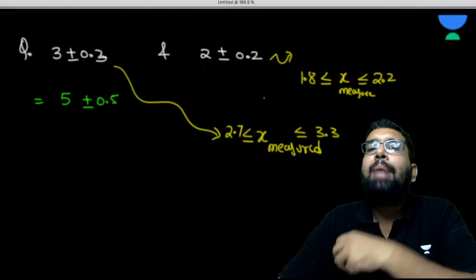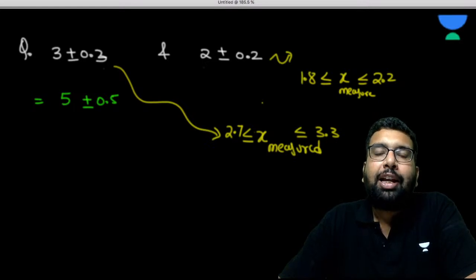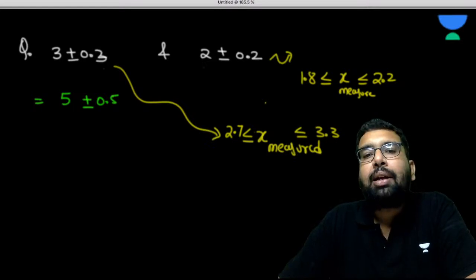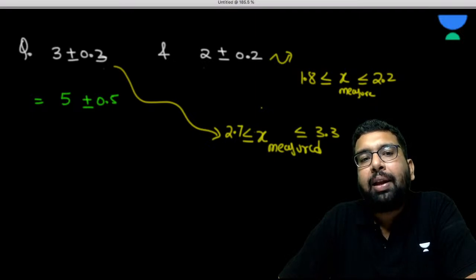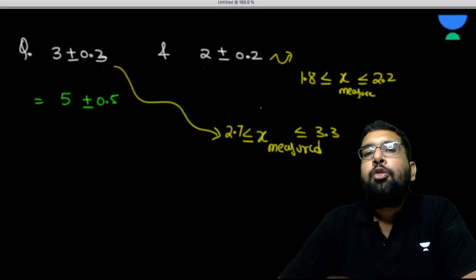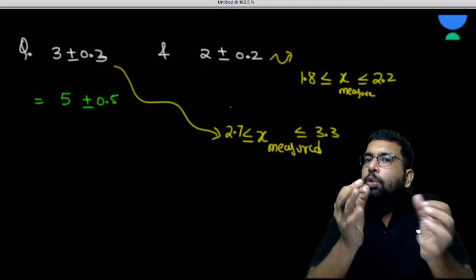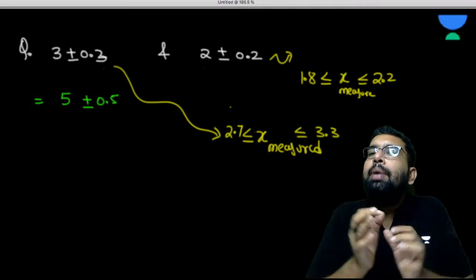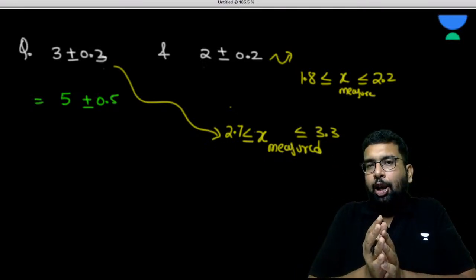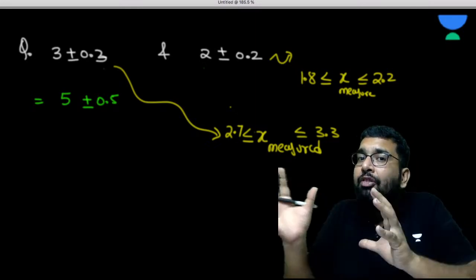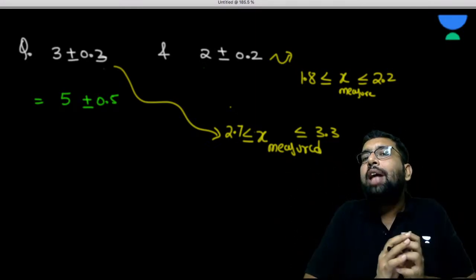Now, when will the maximum error happen? The maximum error is going to happen when these two quantities are added, that is, when the maximum error values of each of these are added.